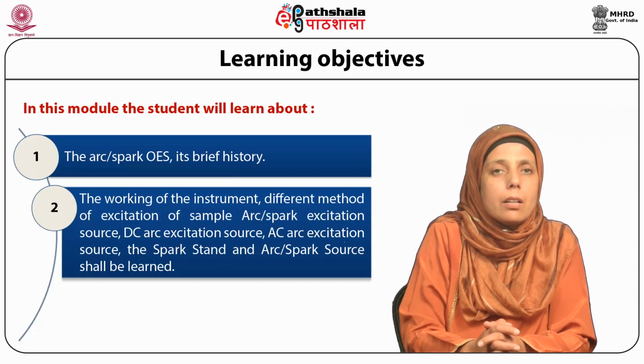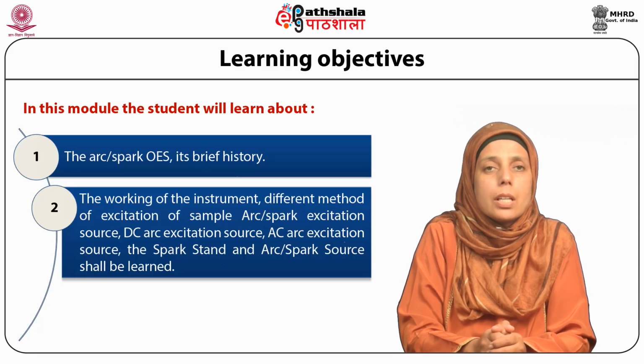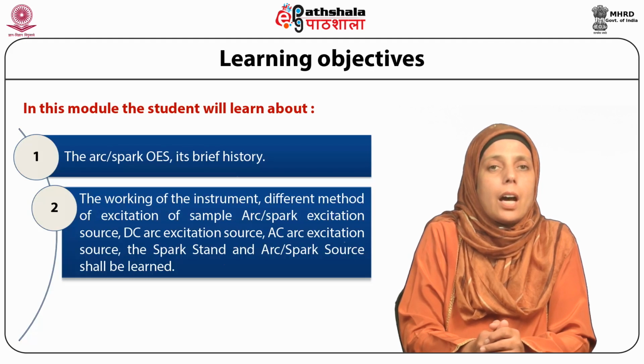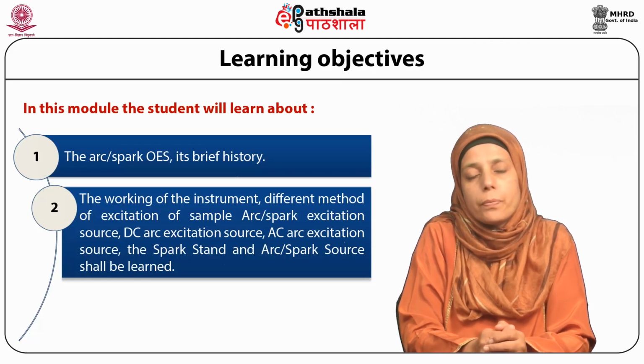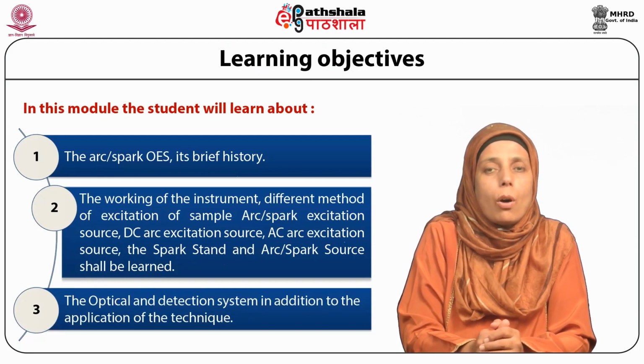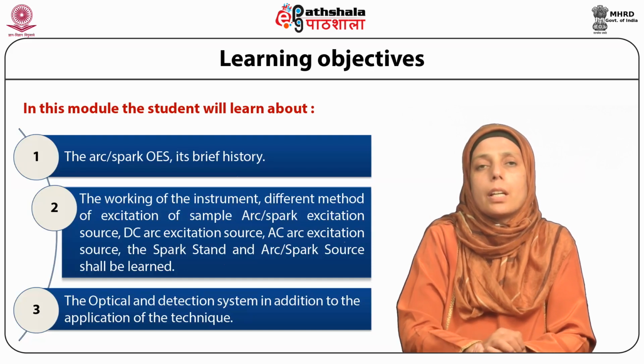The arc spark excitation source, DC arc excitation source, AC arc excitation source, the stand that is used for spark stand, and arc spark source shall be covered. This module also discusses the optical and detection system in addition to the application of the technique.